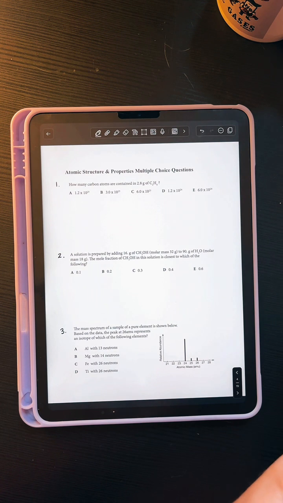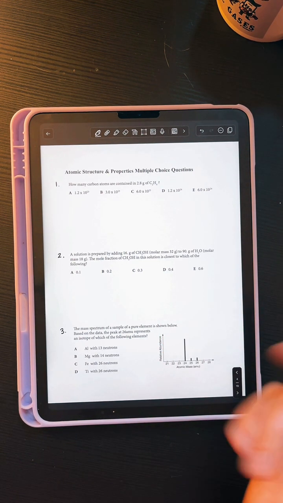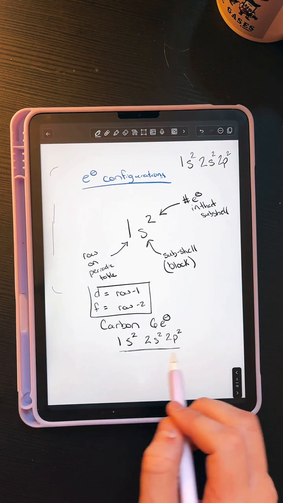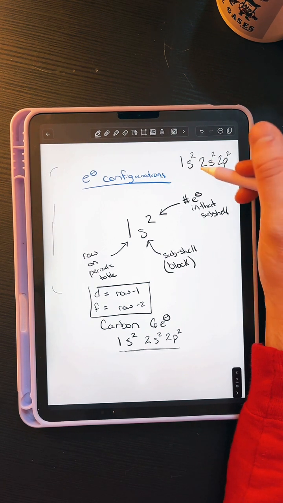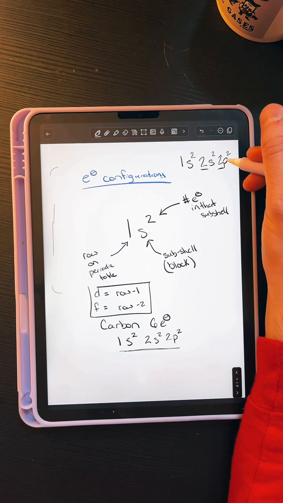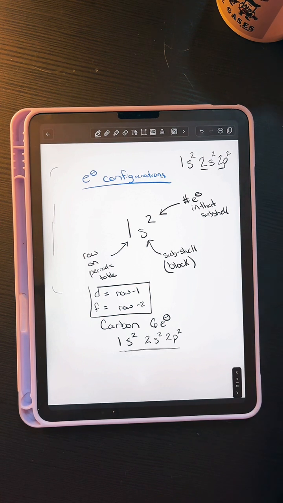If you want to know how to tell which subshell is lost first, that's a good question, actually. You always go to the valence shell, which is the highest number. So your valence shell will always be your highest number. And then it goes in the order of SPDF.